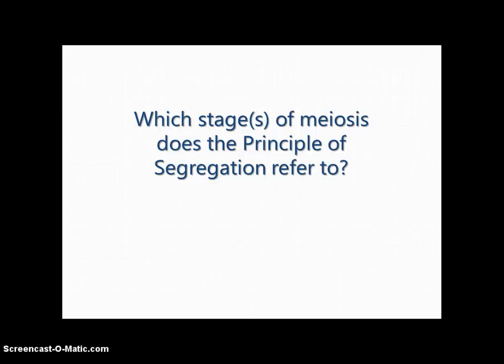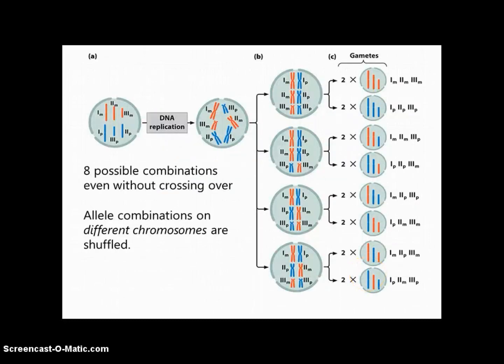And the answer is during metaphase 1. When chromosomes are lining up on the metaphase plate, they're doing so randomly. Just go back to this slide from the previous lecture, which shows 4 different ways in which 3 different chromosomes of a diploid cell can line up randomly along the metaphase plate.